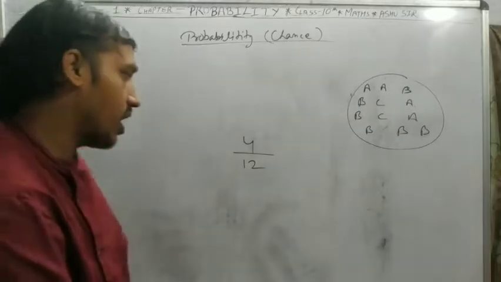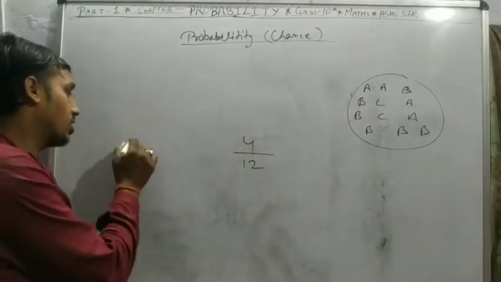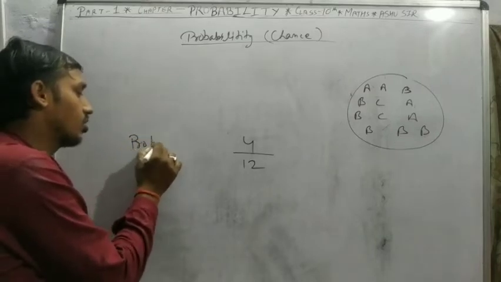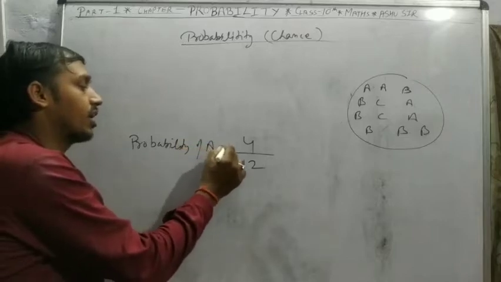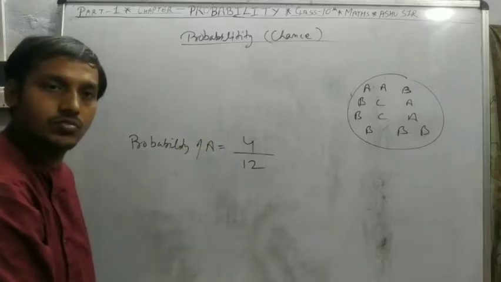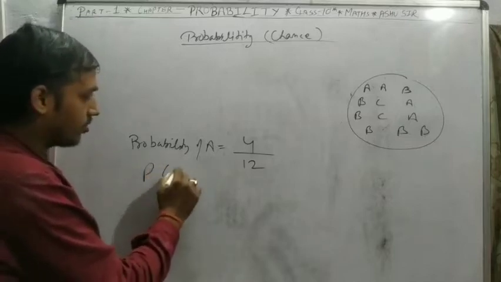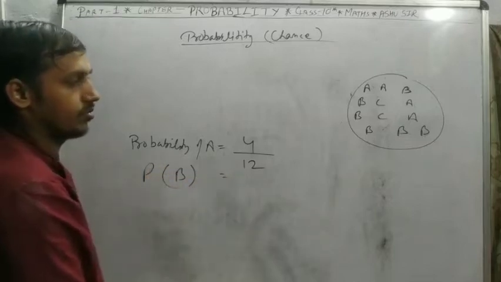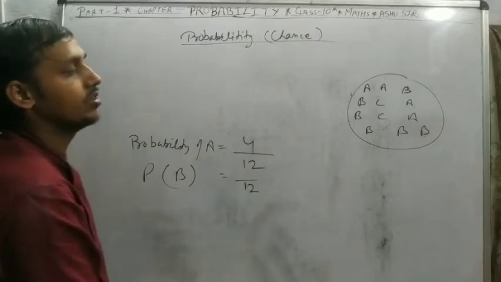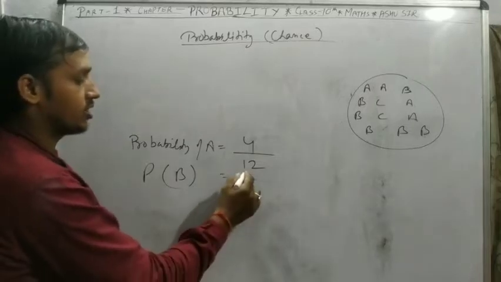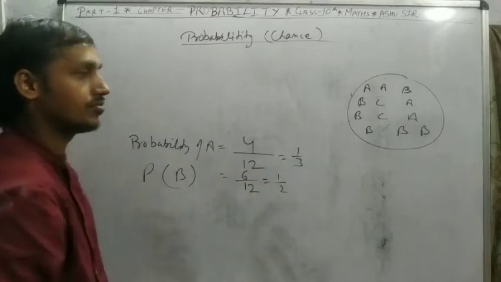So you can say out of 12, that is 4 A, this is the probability of selecting A. If I ask what is the probability of selecting B, out of total 12 we select 6, that is 1 by 2, that is 1 by 3.